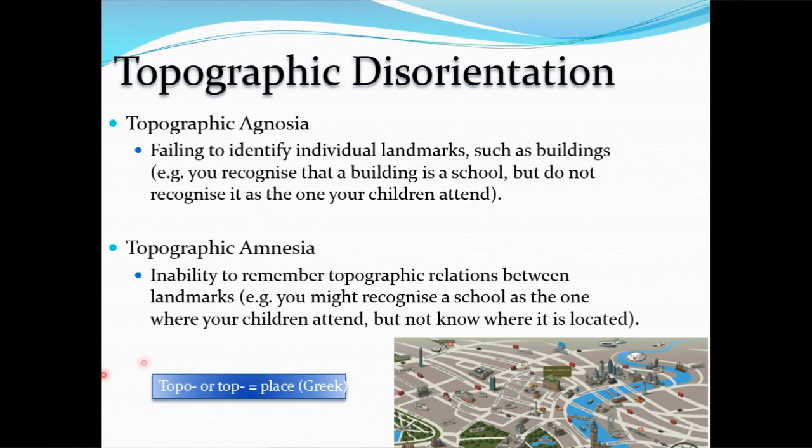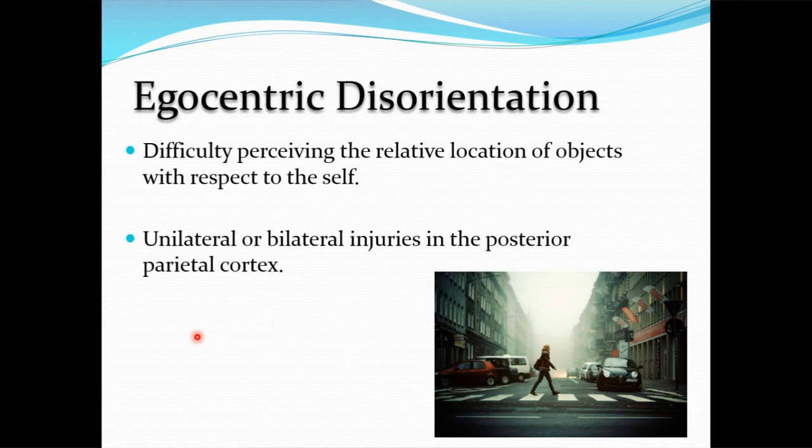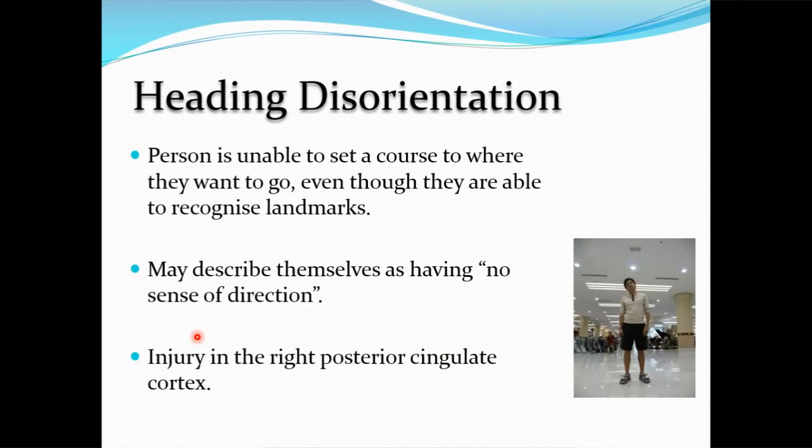And just a reminder, topo or top in Greek means place. Okay, so when you see the top there, we're talking about in relation to place. Egocentric disorientation is the difficulty perceiving the relative location of objects with respect to yourself, how far things are from you as a person. And unilateral or bilateral injuries in the posterior parietal cortex are responsible for this type of egocentric disorientation.